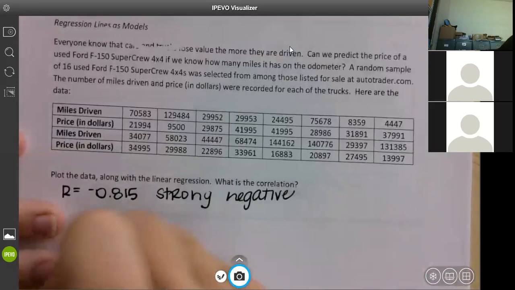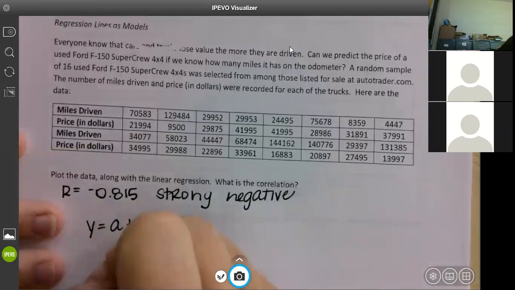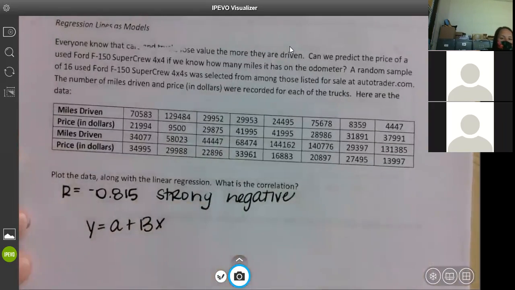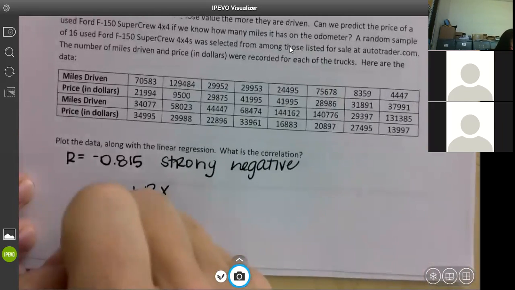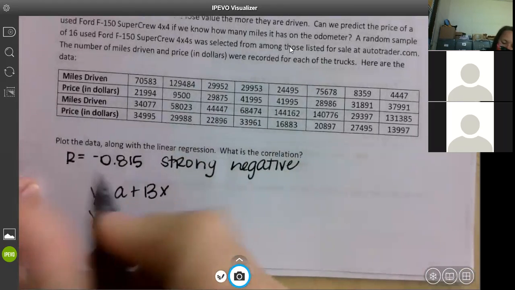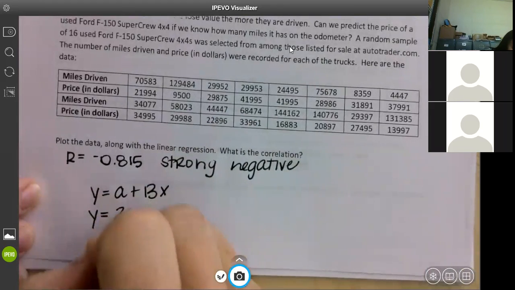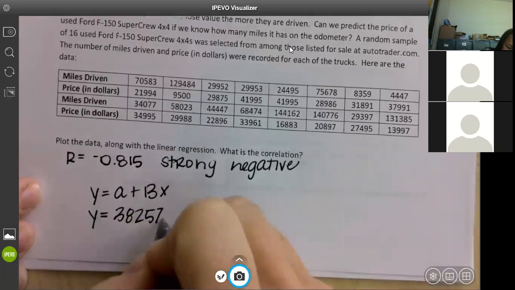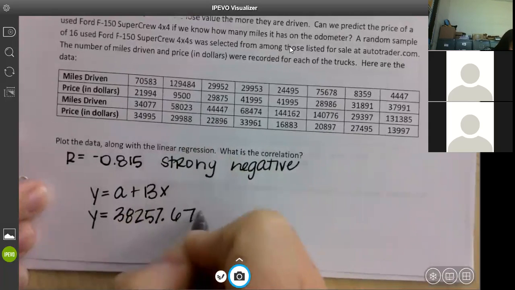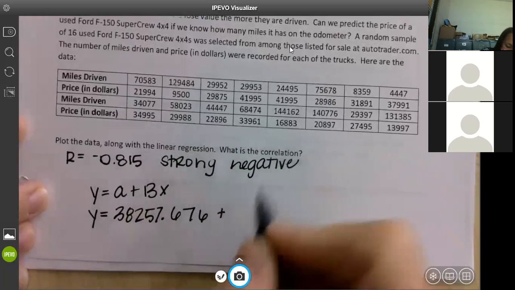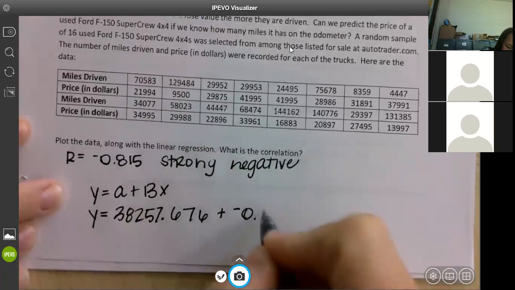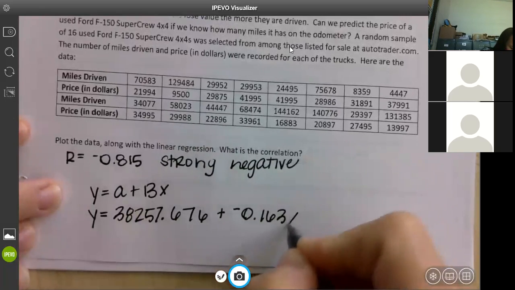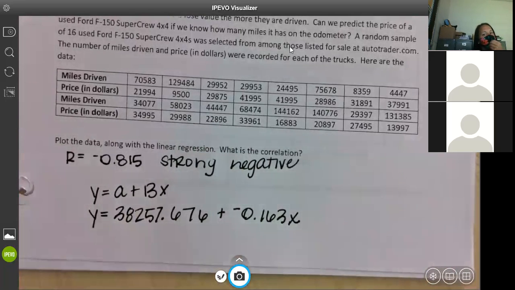The linear regression is the equation. In your calculator, it tells you y equals a plus bx. Our a should have been 38,257.676, plus our b was negative 0.163, and then our x.